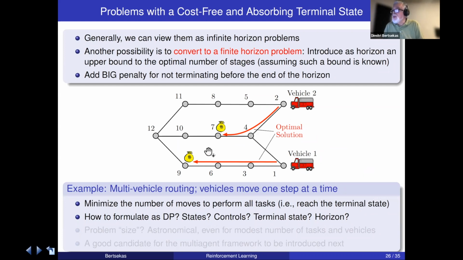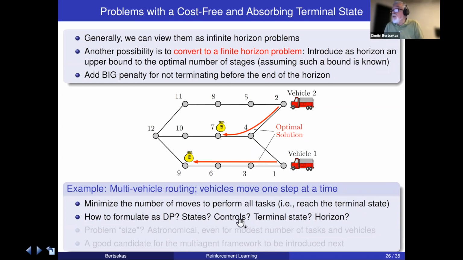And would guide future moves. So one possible state, perhaps the best in this particular context, would be to take the pair of current positions of the vehicles, and the lists of tasks that have not been performed.